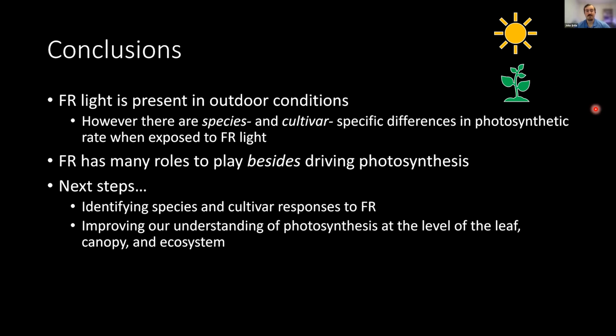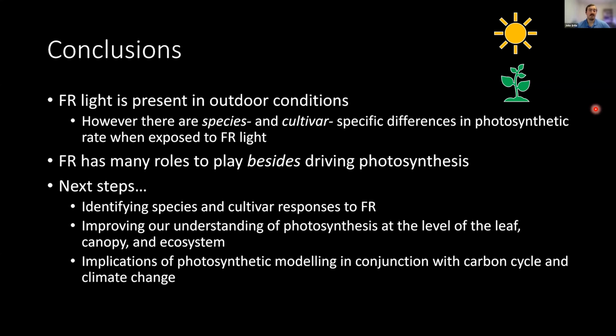It also is something where I hope to keep cataloging and releasing data so that we can improve our understanding of photosynthesis at the level of the leaf and the canopy and the ecosystem, because that's going to have a major impact on how we model different crops and understand the productivity of different crops.